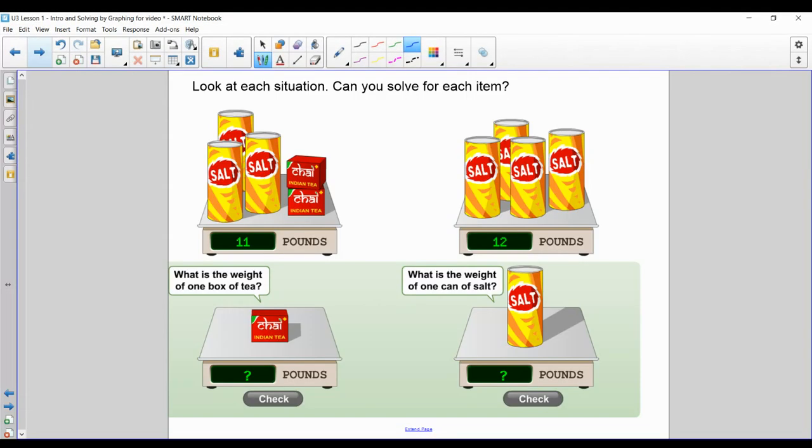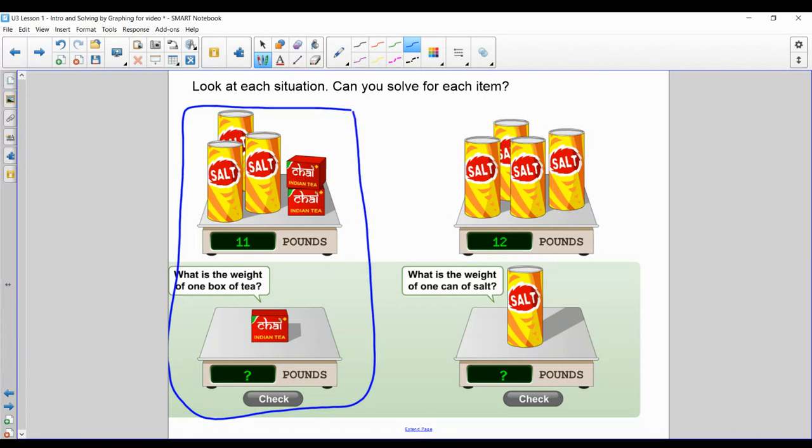So if I look at this situation, can you figure out what the weight of one box of tea is and what the weight of one box of salt is? So if I look at this right here, that's not enough information.